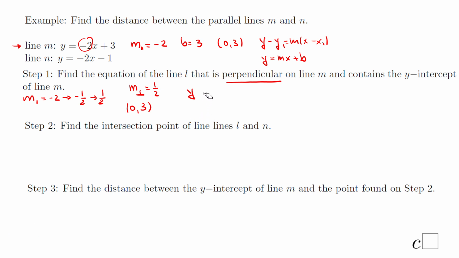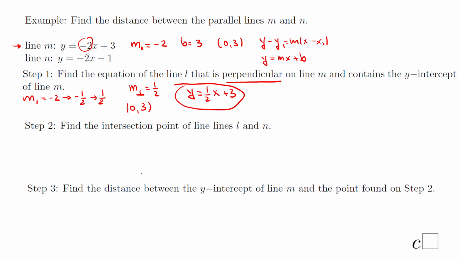And we have y equals, the slope is 1/2, so 1/2 x plus b. b is the same, 3, right? So this is the line perpendicular to line M, and I call it line L.